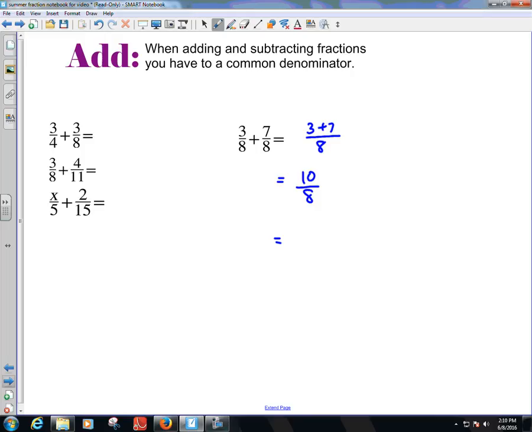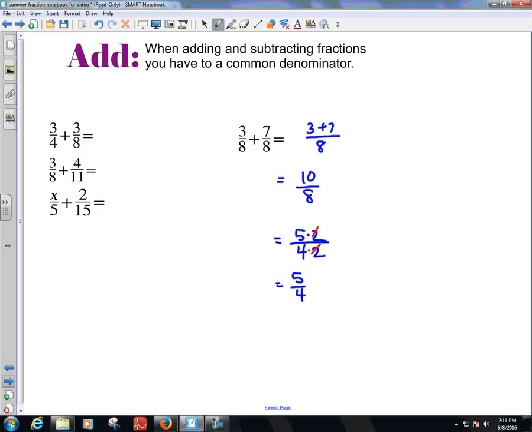And one of the things that immediately crosses my mind is both 10 and 8 are divisible by 2. So I can say 10 is the same as 5 times 2, and 8 is the same as 4 times 2. At that point, I can divide out a 2 from both of these fractions, the numerator and the denominator, and my final answer is 5 over 4.